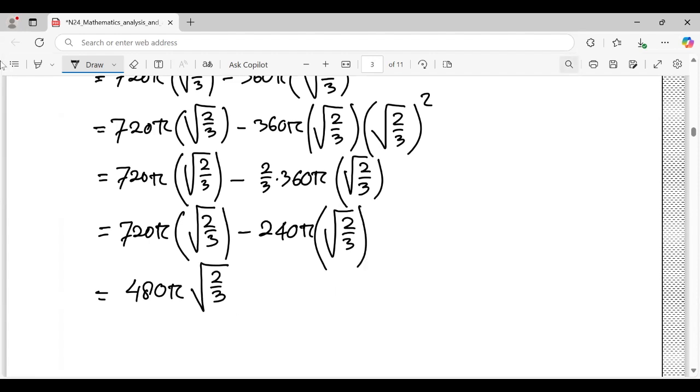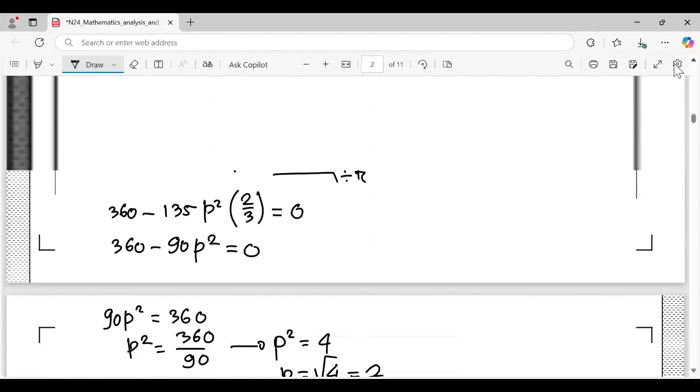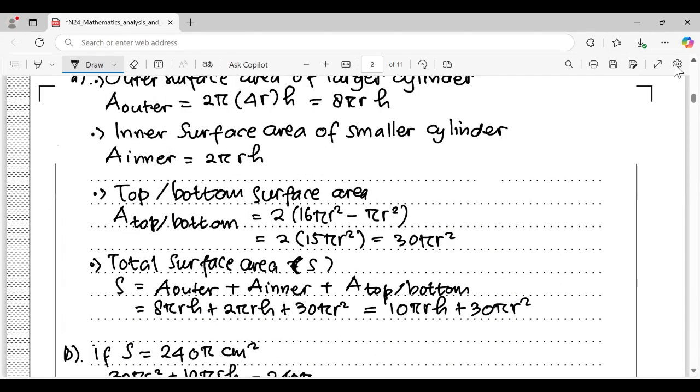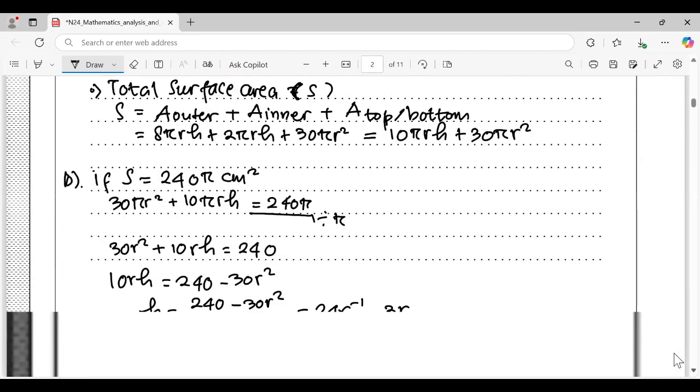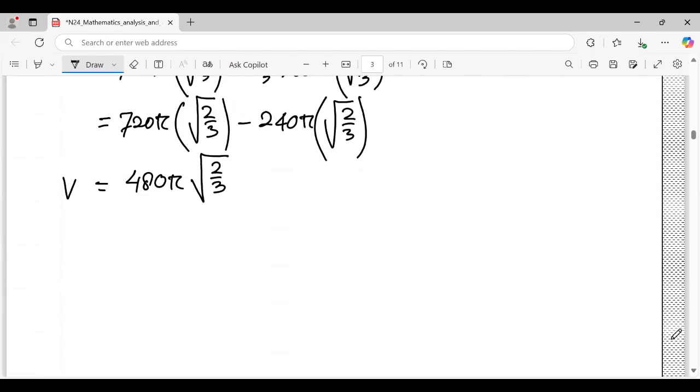So if we look at the question, in the form q pi square root 2/3, it means q equals 480. That's right.